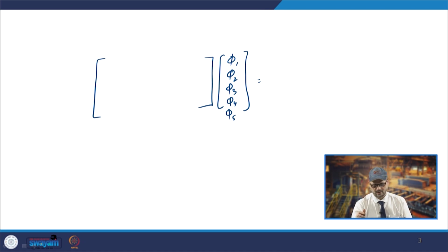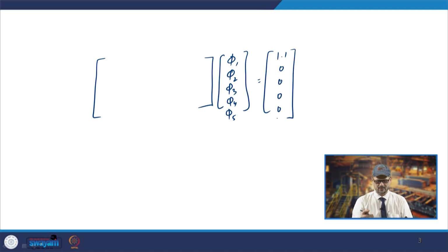If you take phi a equal to 1 and phi b equal to 0, you will have again the expression 1.1, 0, 0, 0 and 0.